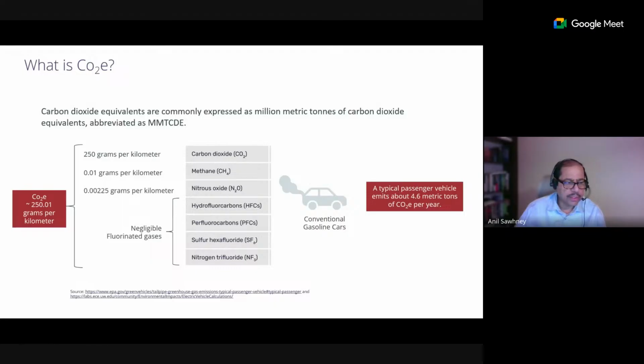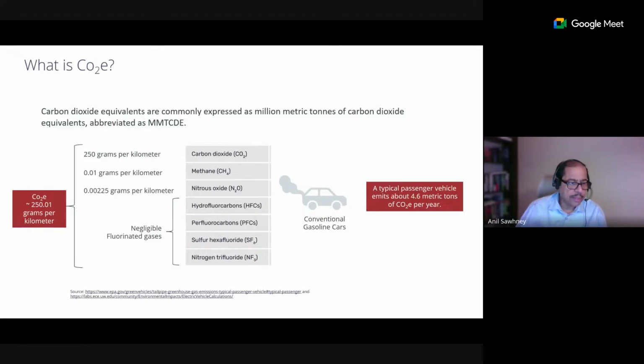But all of this, let's bring it to some relevance. Now, a typical petrol car, gasoline car, this is US data produced by EPA, would emit per kilometer, sorry, it emits 250 grams per kilometer of carbon dioxide in its tailpipe.